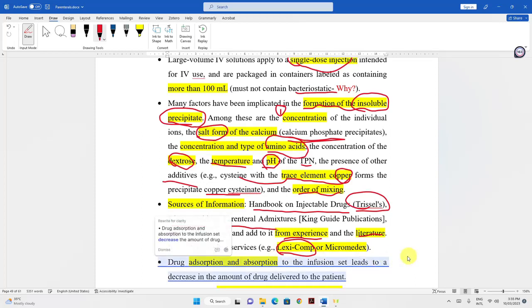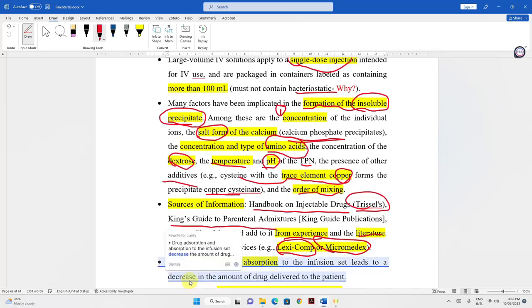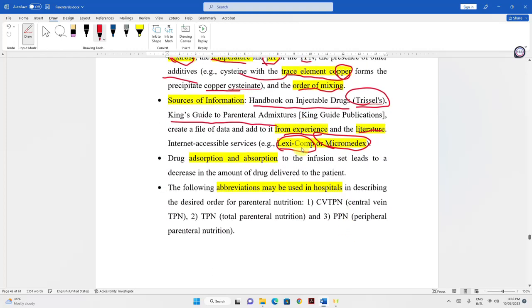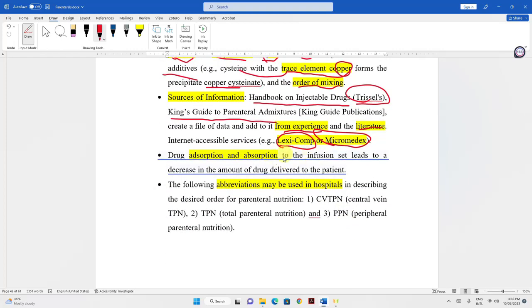You will learn about how to use drug information databases in order to get information regarding parenteral admixtures. Okay, so we have Lexicomp, we have Micromedex. Lexicomp is nowadays more famous, and our university is subscribed to Lexicomp, and you can use it to obtain information about incompatibilities and compatibilities in parenteral preparations.